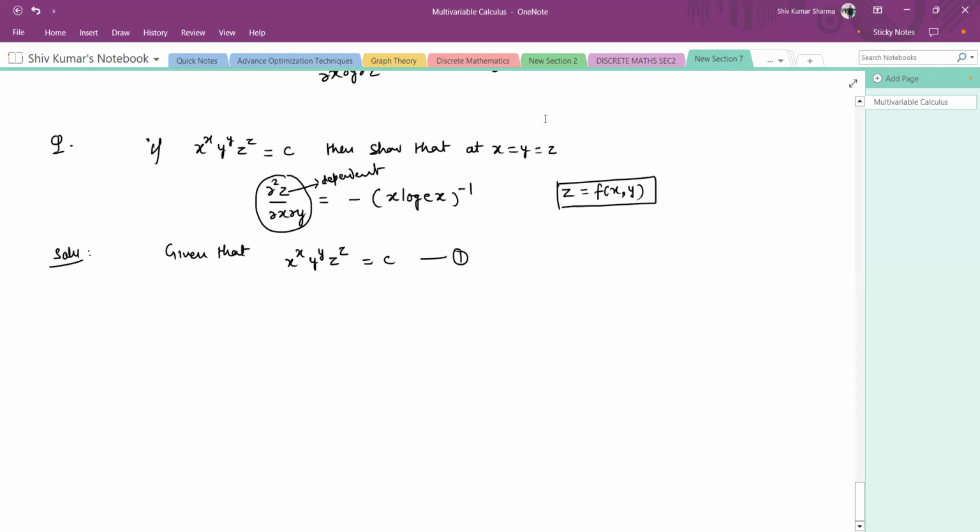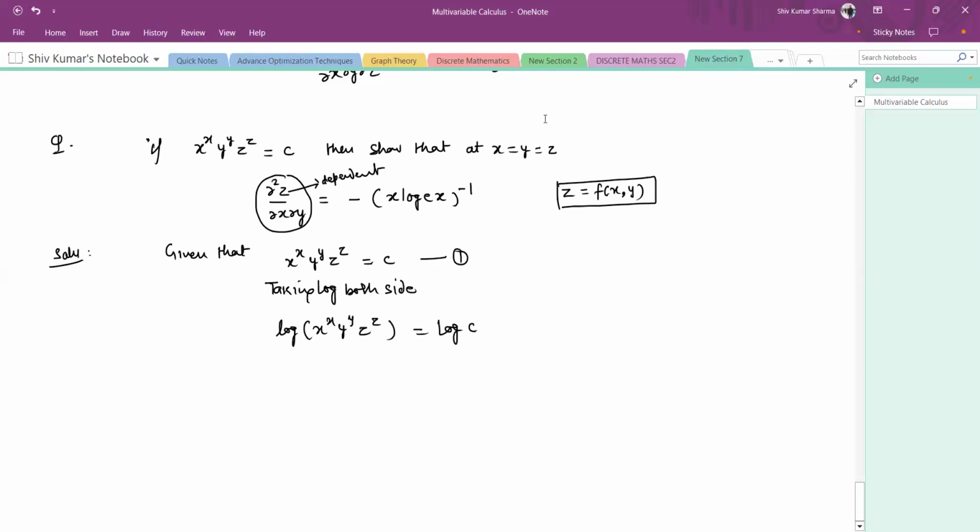So we can take log, taking logarithm both sides. So we write log of x raised to the power x, y raised to the power y, z raised to the power z is equal to log c.